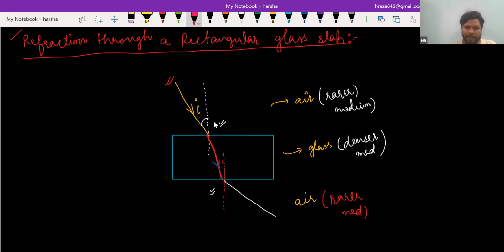This is I1, and this is angle R1. And then again, this will be I2, because for this surface, this is incident ray, and this is basically R2, also known as emergence angle. We will talk about it after a while.